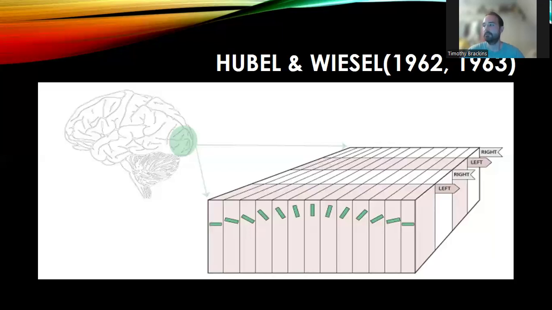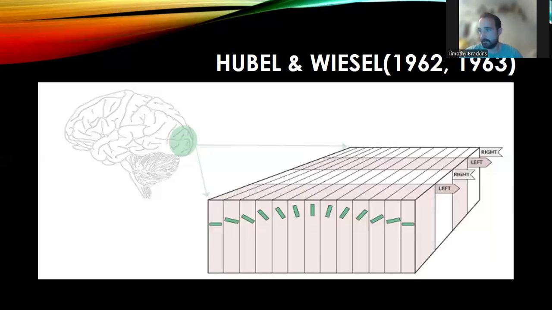Each neuron in the visual cortex responds to a specific orientation of lines. So some cells might respond to vertical lines, others to diagonal lines, some to horizontal lines, and this orientation-specific response is fundamental to how we process and detect features or objects.